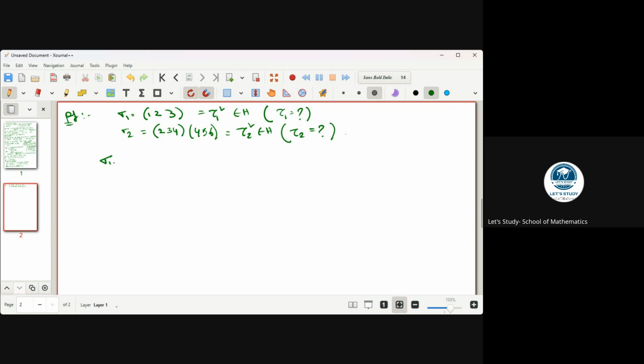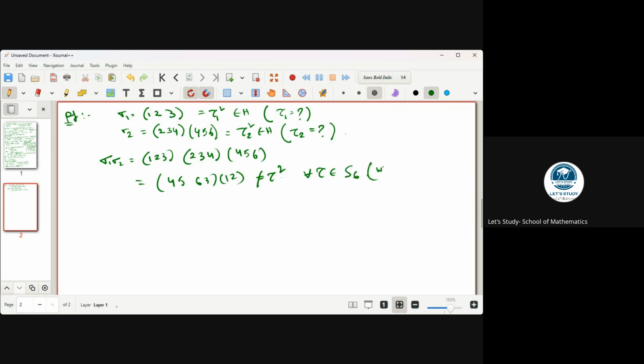Now find sigma 1, sigma 2. This will be (1, 2, 3)(2, 3, 4)(4, 5, 6). And you can see that this will be equal to like this, and this is not equal to tau square for all tau belonging to S6.